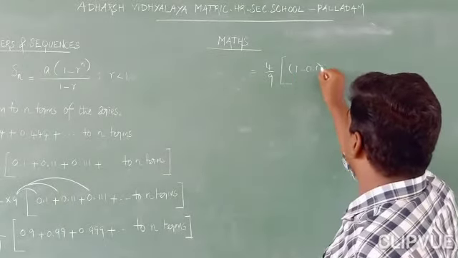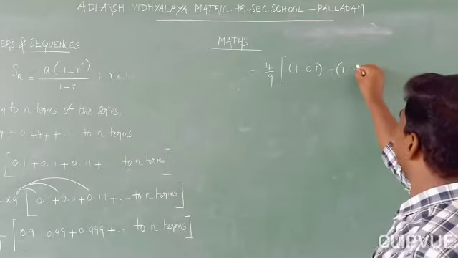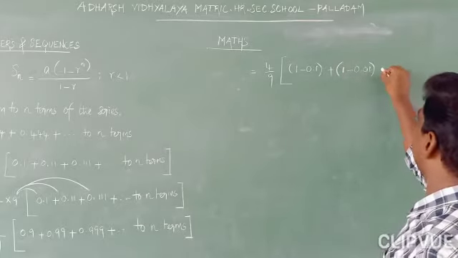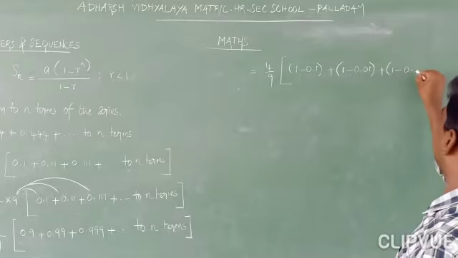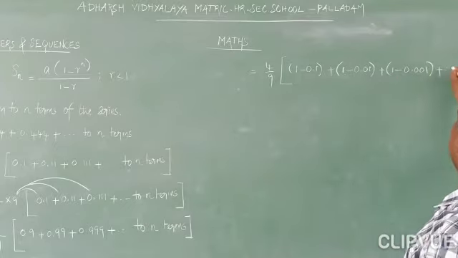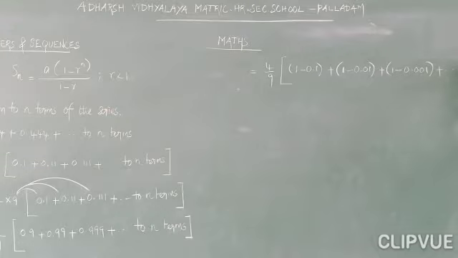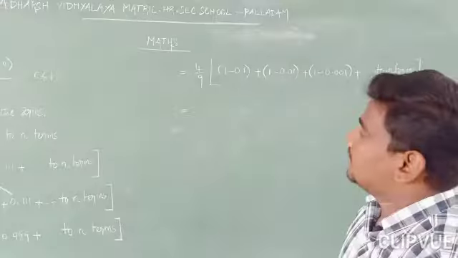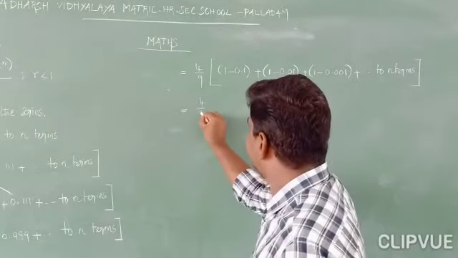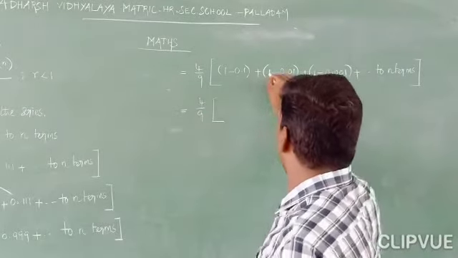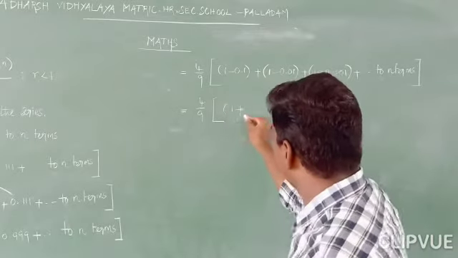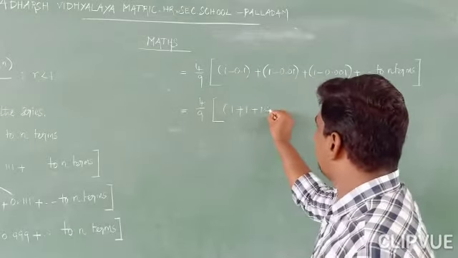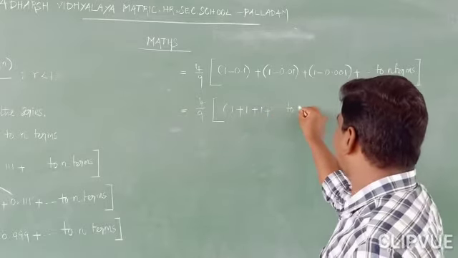Okay. So I am going to rewrite in the form of 4 by 9 into, instead of this, 1 minus 0.1 plus 1 minus 0.01 plus 1 minus 0.001 plus and so on to n terms. By moving these 1s, I am going to write in a first series 1 plus 1 plus 1 and so on to n terms.